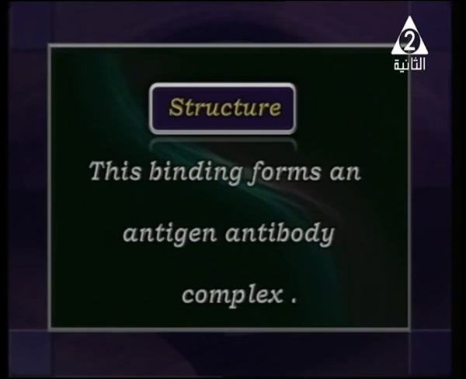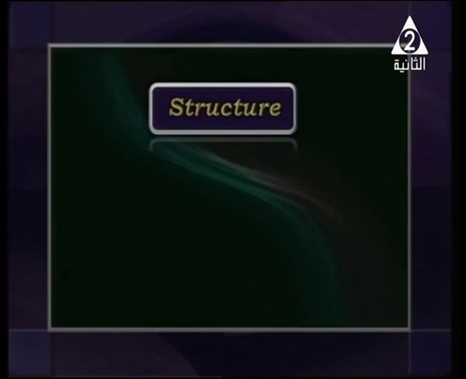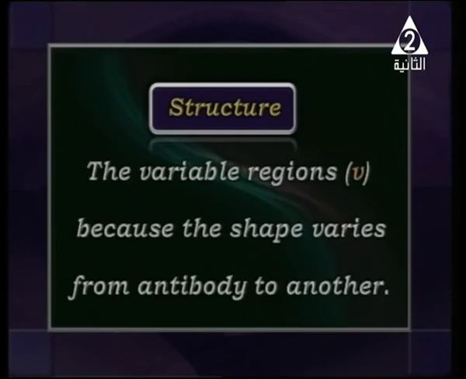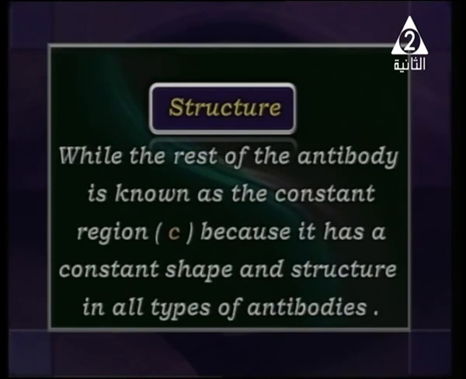The antigen binding sites are located at the two tips of the Y-shaped molecule, and they are known as the variable region, or V, because the shape varies from one antibody to another. So it doesn't have a fixed shape.